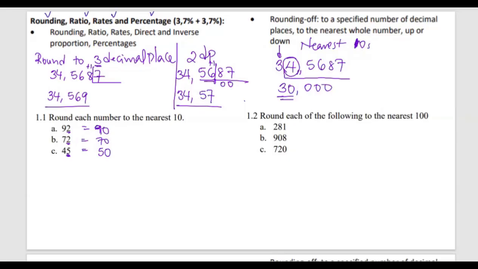So nearest hundreds, we need to end at the hundreds. So this one here becomes 300. Why is it 300? Because 8 is greater than 4, so we add a 1 onto 2 and it becomes that. This becomes 900. This becomes 700 to the nearest hundreds.